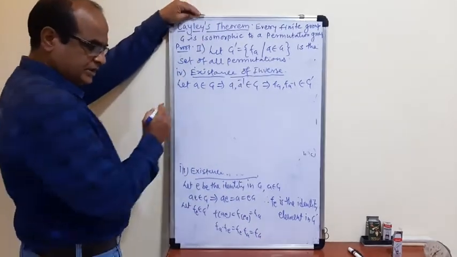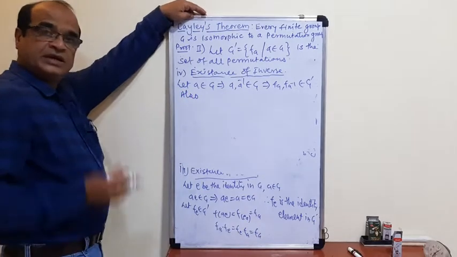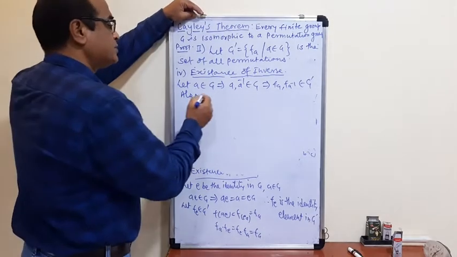Since G is a group, the existence of inverse holds.